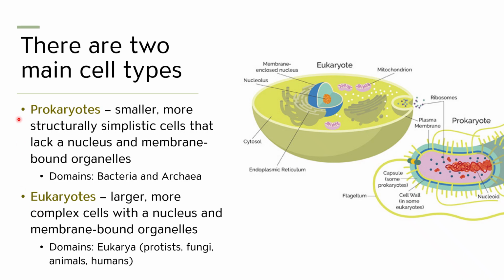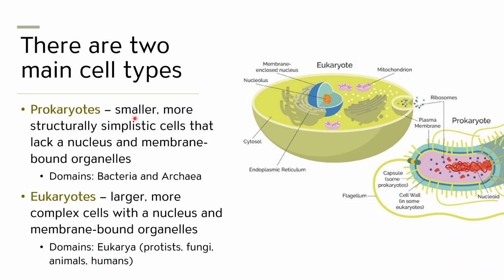So prokaryotes, since they evolved before a nucleus evolved, they're smaller, they're more structurally simplistic, they do not have a nucleus, and they do not have membrane-bound organelles. Those two things are definitive of a prokaryote.